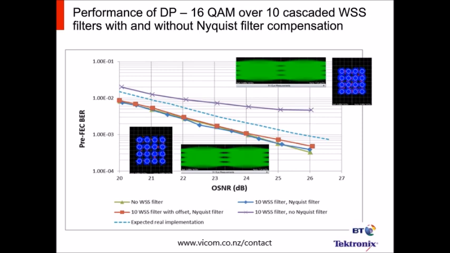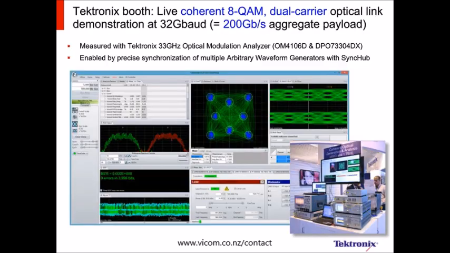There's very small residual penalty from the bandwidth limitation because there's sufficient OSNR to bring that back again through the adaptive filter. So that's one example of how you can use the optical modulation analyzer to look at a system and perhaps see how ready the system is to handle different types of modulation.